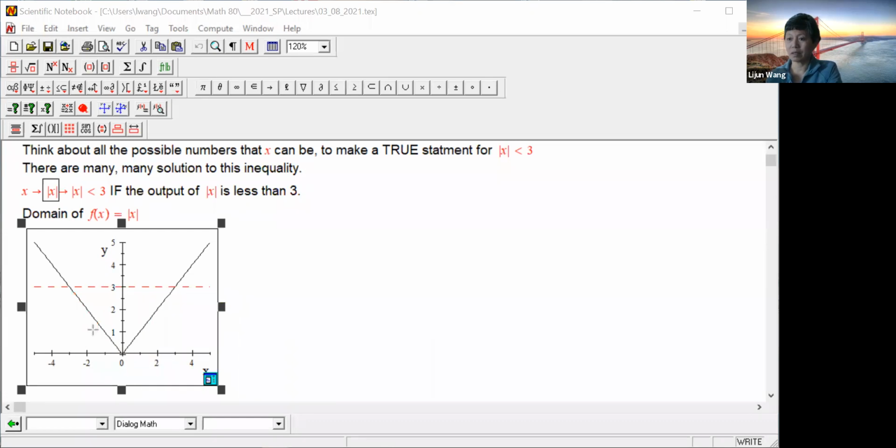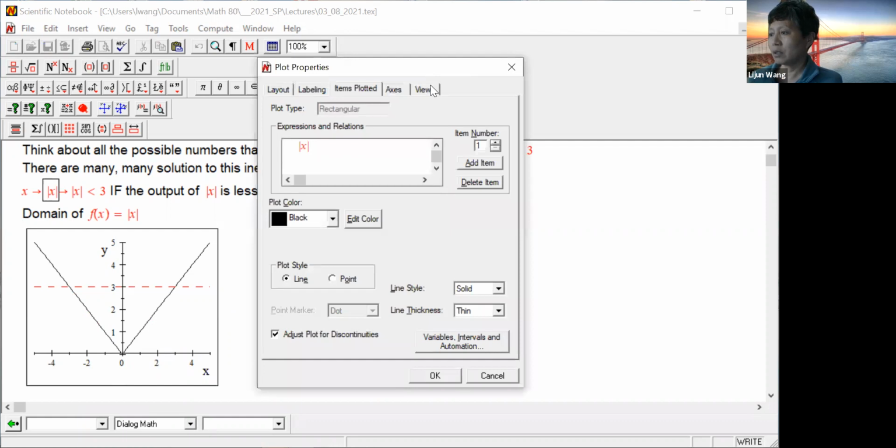Okay, so let me clean this up. Between -3 and +3, here this is -3. I'm going to show the -3 to you, and adjust the picture a little. Does everybody follow me?